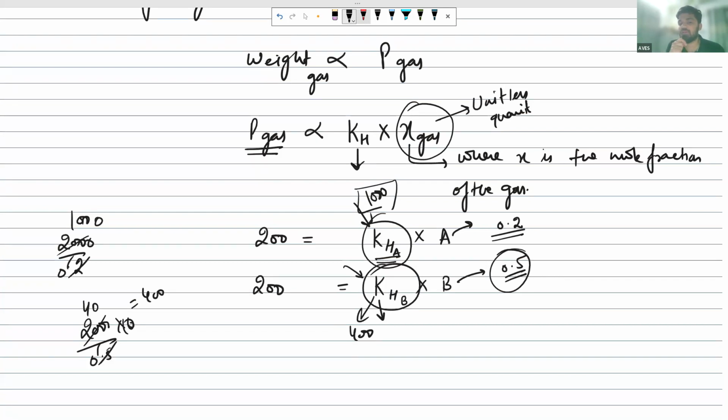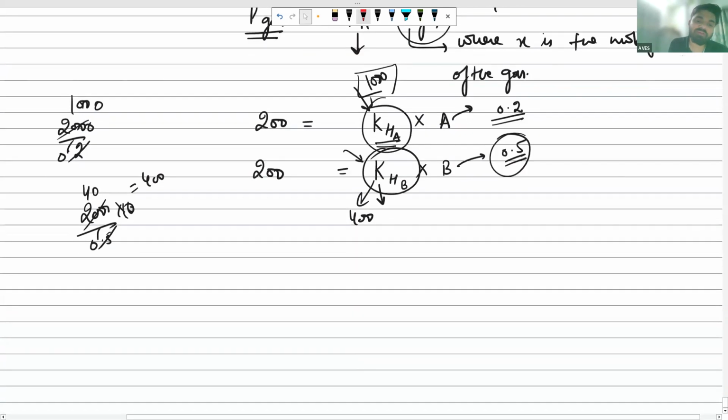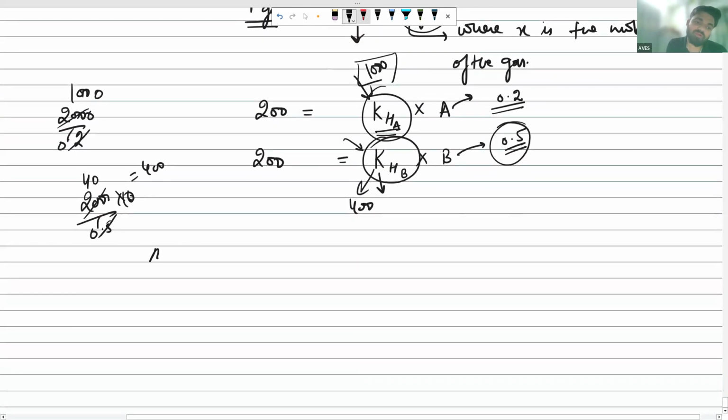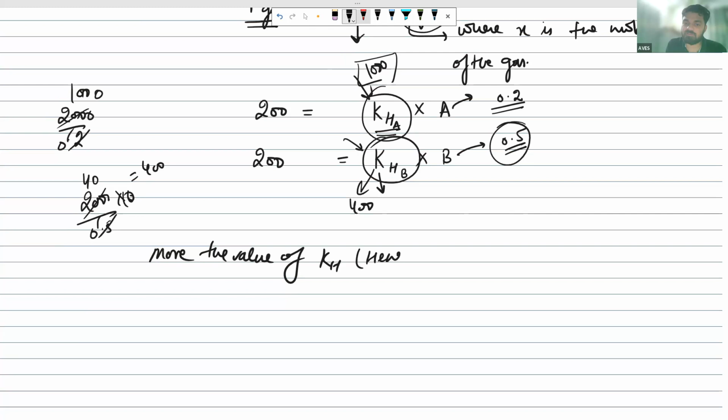So simply note down: the more the value of KH, Henry's constant, the lesser will be the value of mole fraction or solubility.